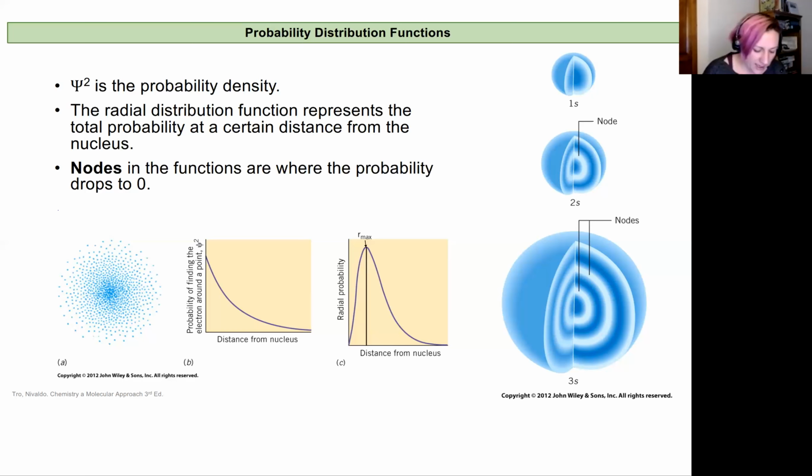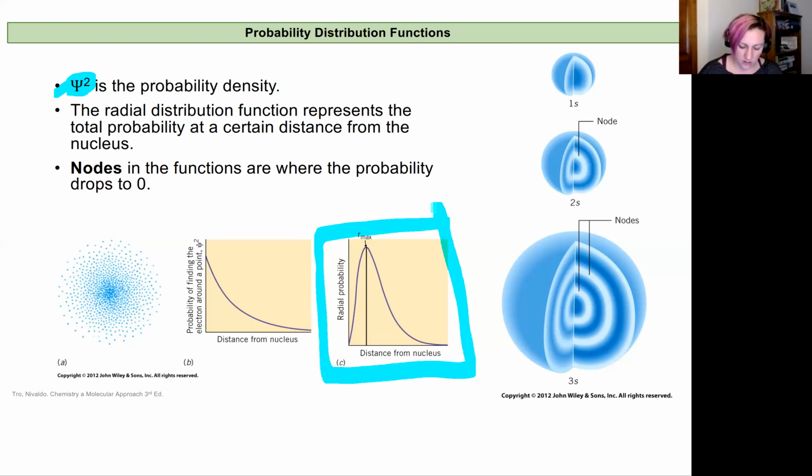When we talked about the Schrodinger wave equation, this right here is the symbol for the probability density of that electron. And we look at radial distribution functions to represent, and here's a radial probability function, the probability of finding an electron at a certain distance from the nucleus.